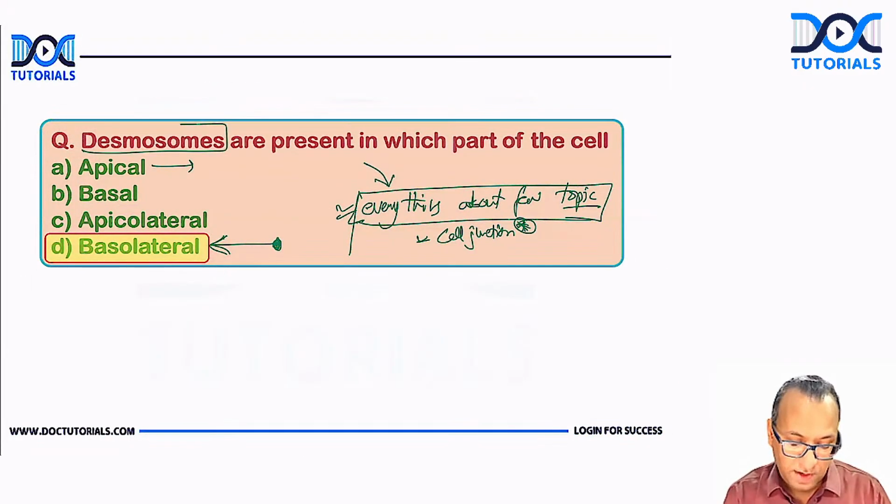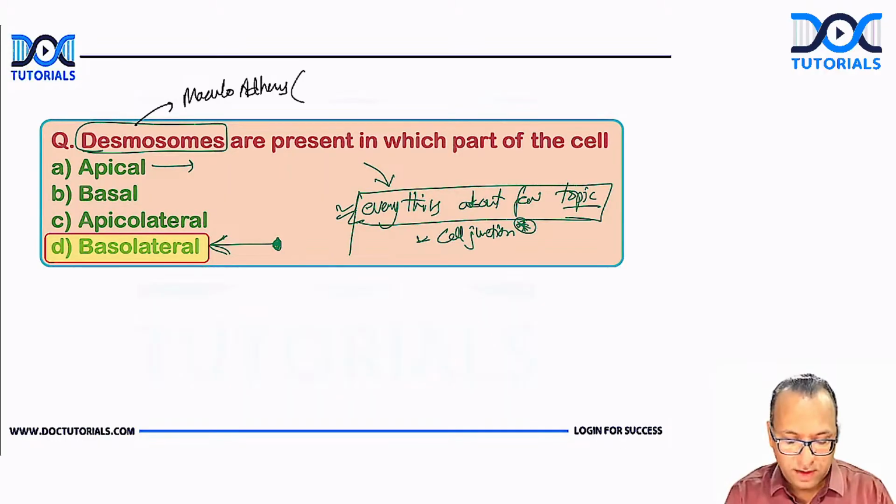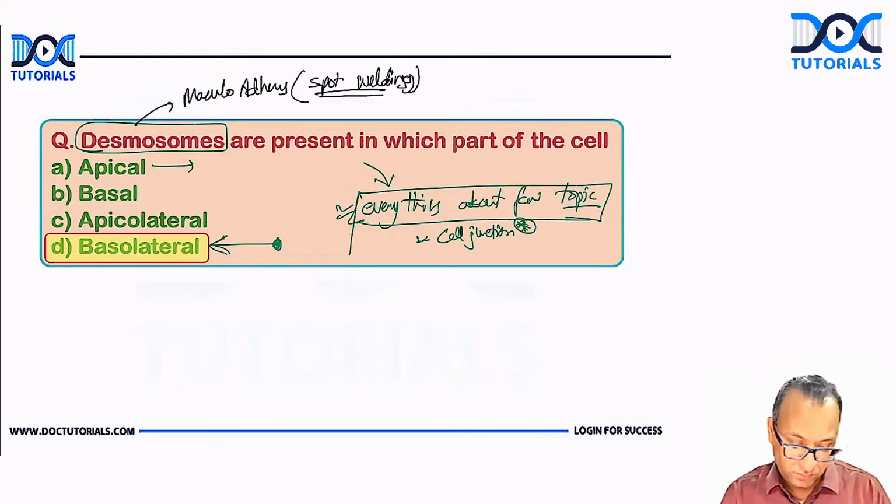Desmosome is the other name for the macula adherence. They have several names. You can call them macula adherence. You can say spot welding. They hold cells with each other. Apical, you can say tight junction, no problem. But this is about desmosome, so you should keep your answer as basolateral.